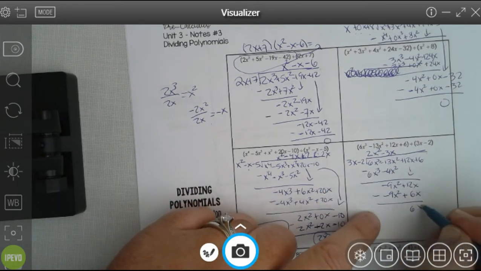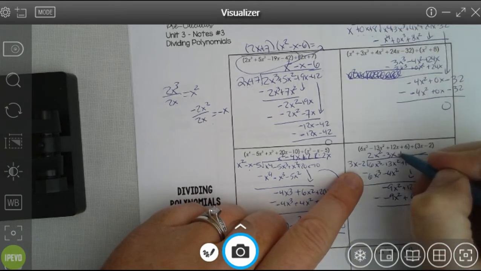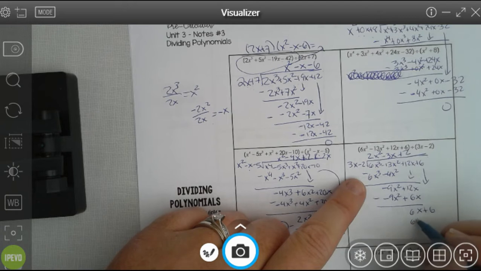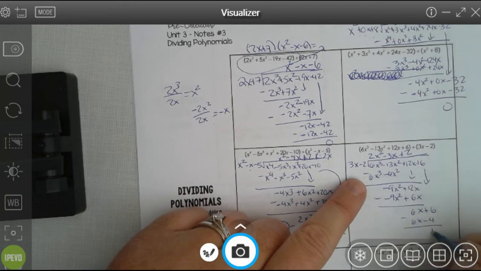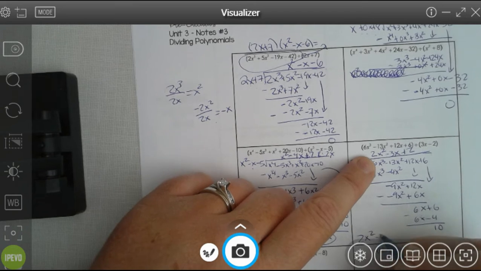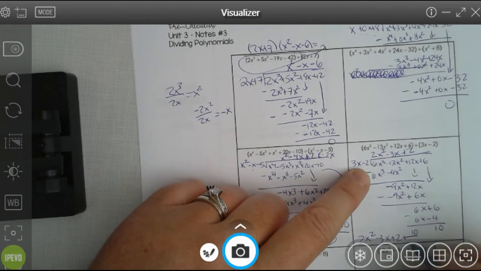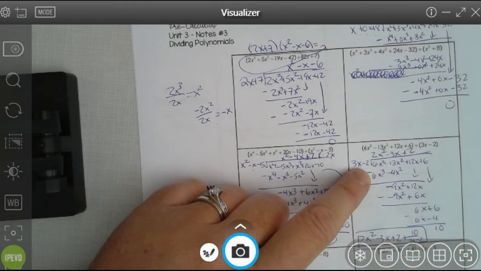Subtract. Bring down my 6. Divide. That's my remainder. So I have my original, 2x squared minus 3x plus 2 plus 10 over what I was dividing by. So remainder goes over what you were dividing by.